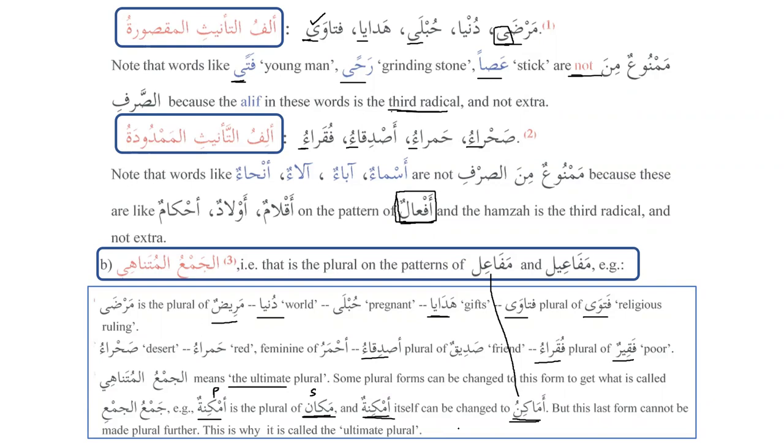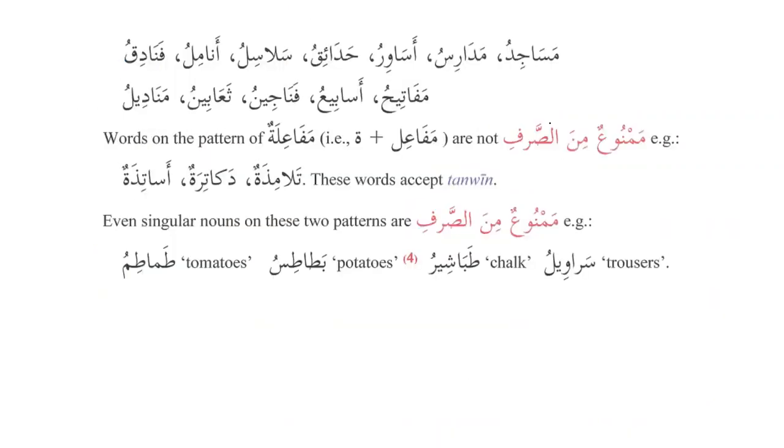So number one, when a noun ends with alif maqsura or alif mamduda, that will be mamnu min as-sarf. And number two, when it is jam'ul mutanahi, which has only two patterns: mafa'ilu and mafa'ilu. We have more examples over here. For example, masajidu, madarisu, asawiru.